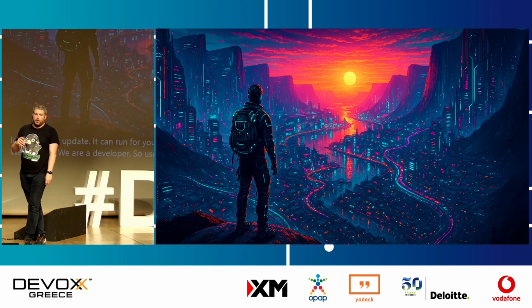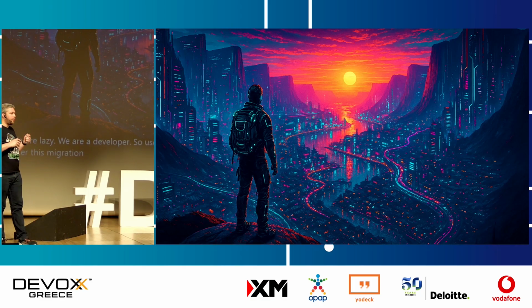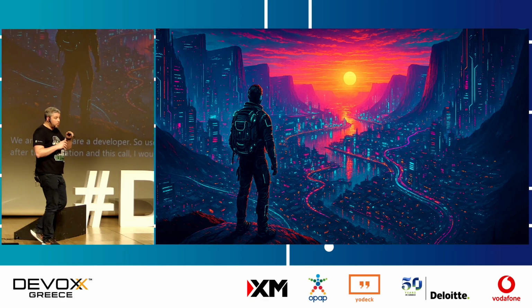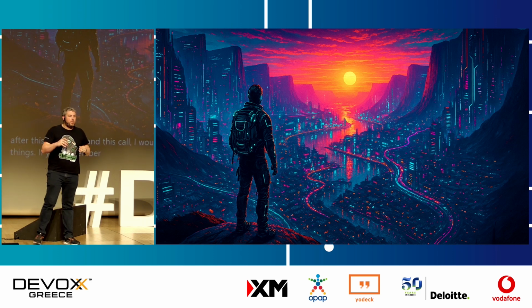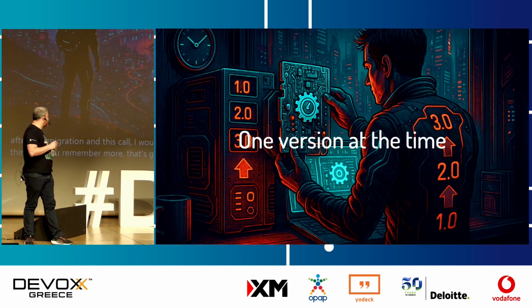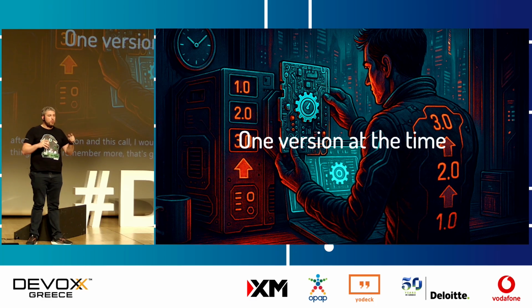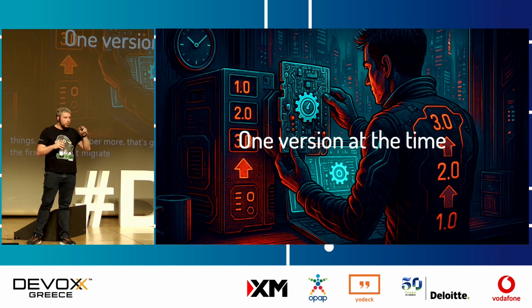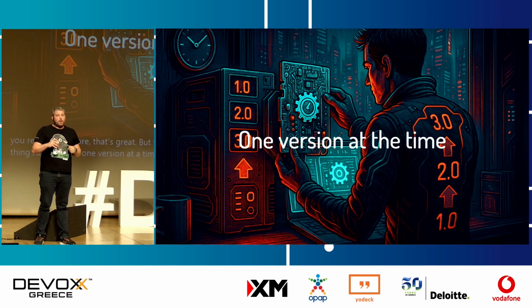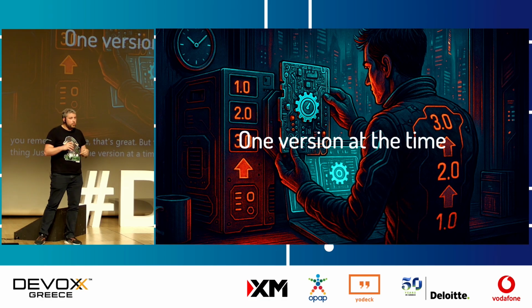So after this migration and this call, I would like you to remember just 3 things. If you remember more, that's great. But if there are 3 things to remember, the first one is: just migrate 1 version at a time. Not more, not less, 1. There are advantages to that because you see that you're making progress.